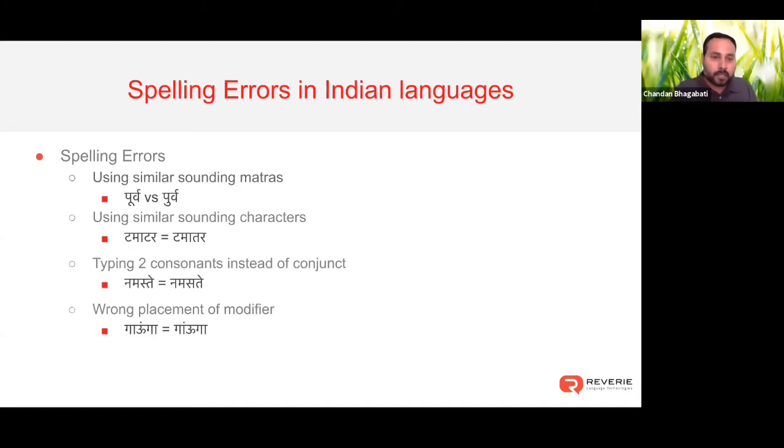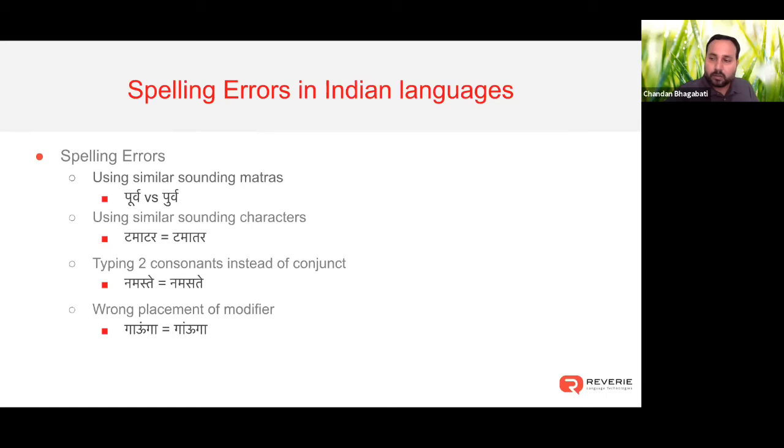Phonetic mistakes in the sense of same-sounding matras, like using bari and choti i, or bari u or choti u, interchangeably without knowing their significance, and same-sounding characters like ta and ta. Similarly, instead of a conjunct, typing two consonants without halant, and misplacing the modifier that gives a different output.